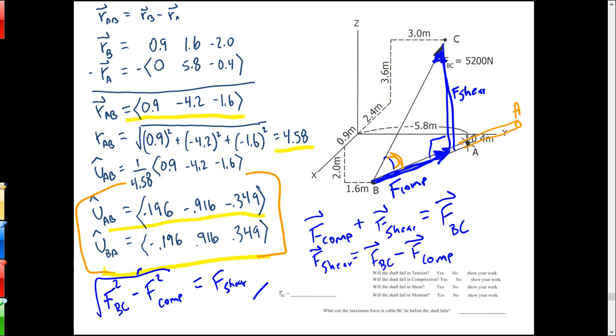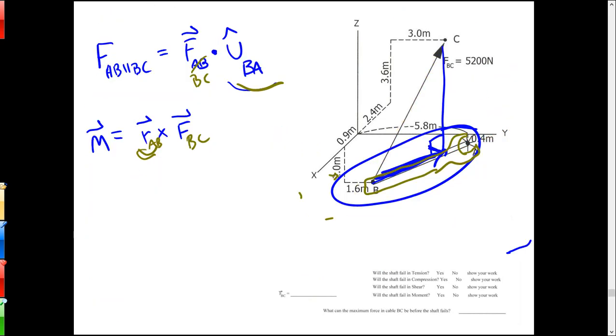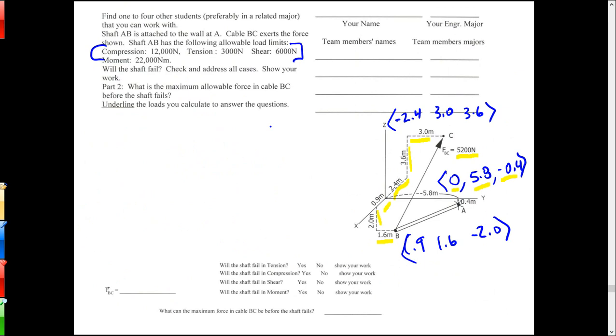Okay. Now, the other thing I'll mention here is we're given a specification for how much tension the shaft can handle. But you don't really need to use that at all. You don't need to analyze that. The tensile strength is 3,000 newtons.